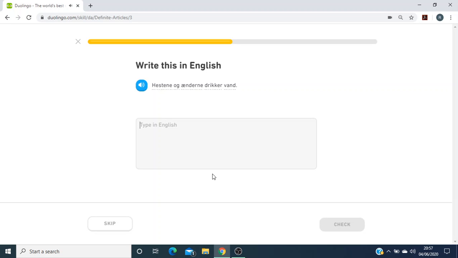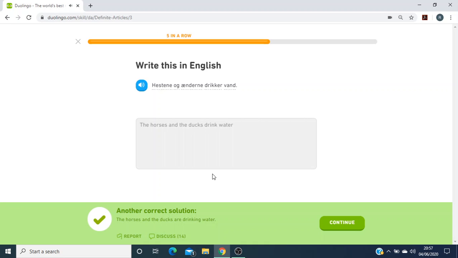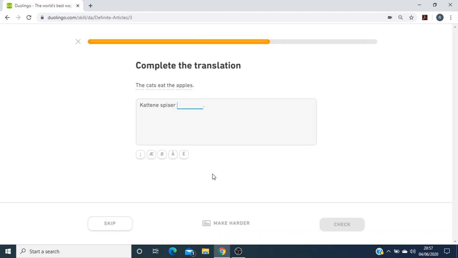That's the horses and the ducks drink water. A lot of plurals in this lesson, just getting you familiar with plural definite forms. The cats eat the apples.